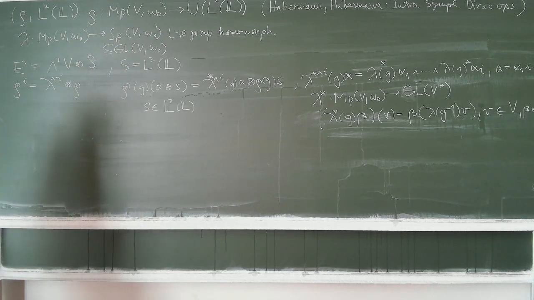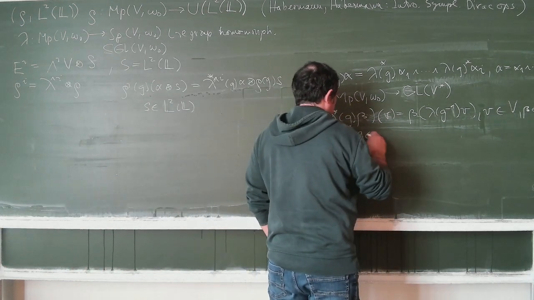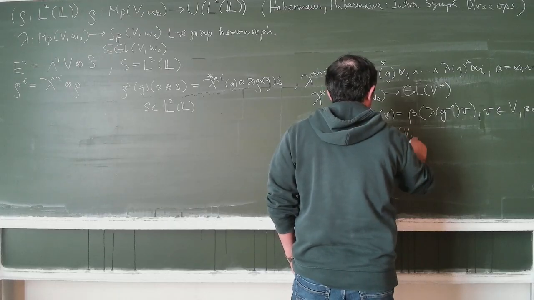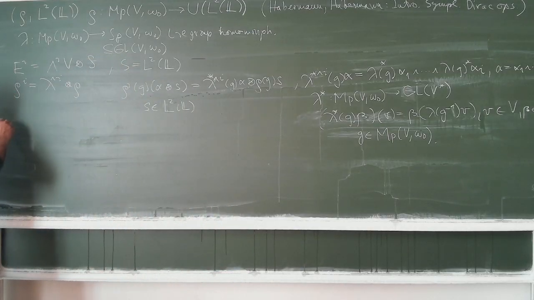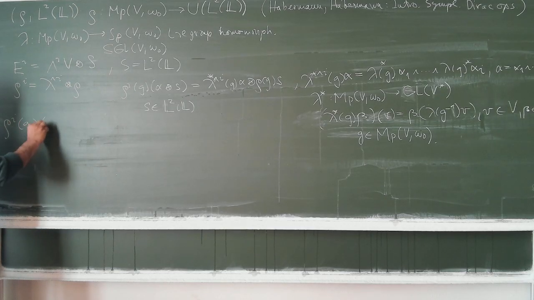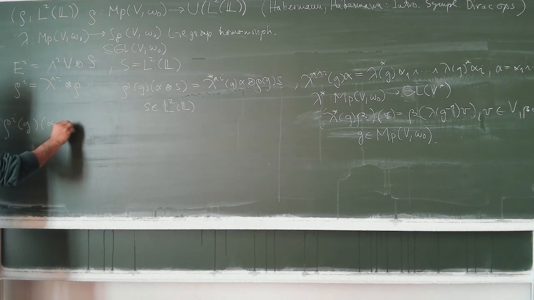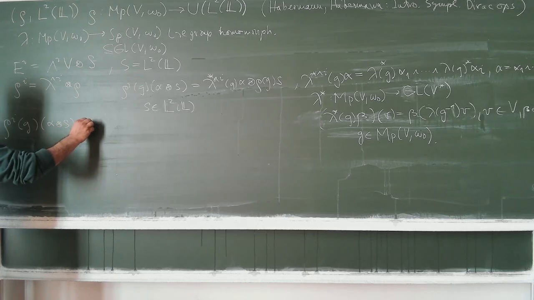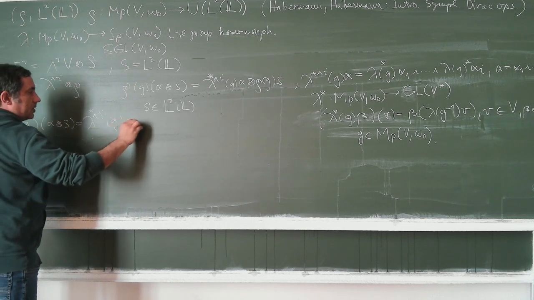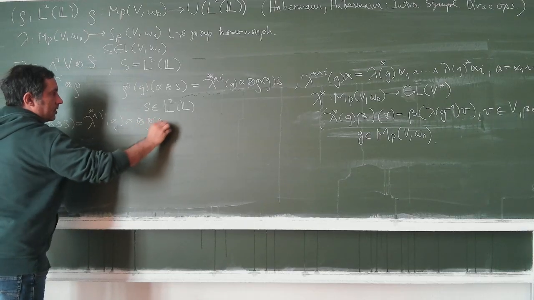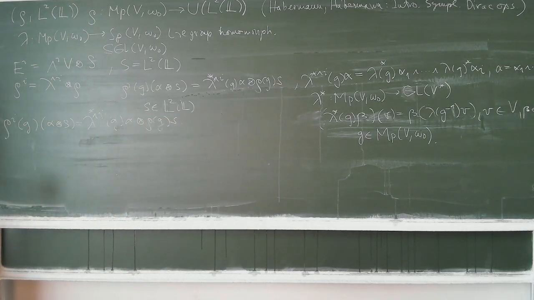G is from MP. So now what is this rho I on G? It acts by, I wrote it already, the tensor product representation.